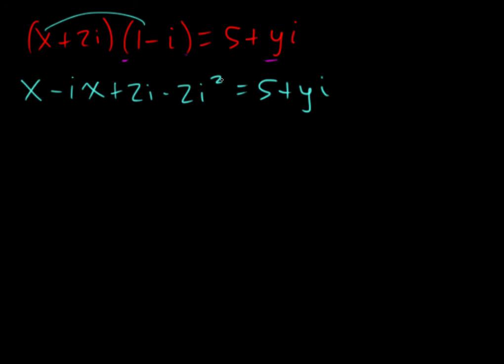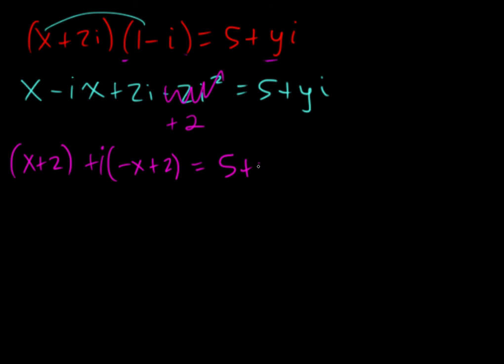Remember this is negative 1, so overall this thing is positive 2. And so we're going to group the x plus 2 as the real part. And then the imaginary part, we're going to get i times negative x plus 2. And then that still equals 5 plus yi.